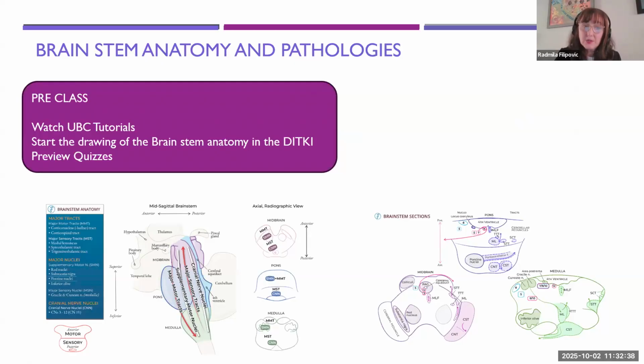I ask students to start drawing brainstem anatomy in Draw It to Know It, and preview quizzes. This is one example of the sagittal view of the brainstem, and those are some different sections: you have medulla, you have pons, and you have pons and midbrain.